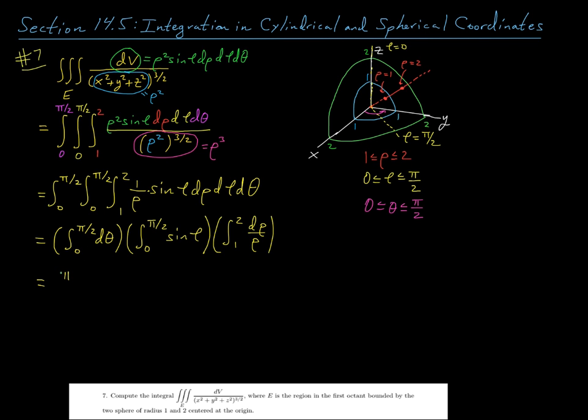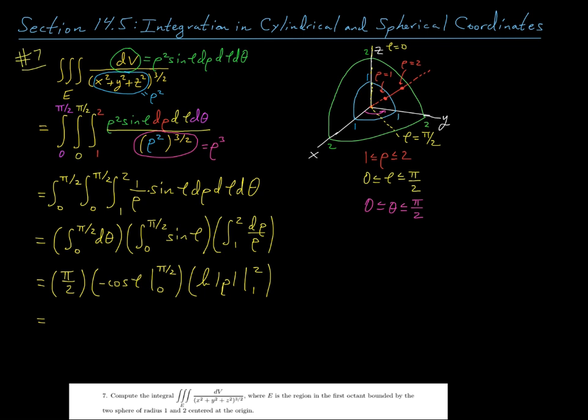Okay, so now what are we going to get? We're going to get pi over 2 from the first integral. This is going to give us minus cos phi, as we let phi go from 0 to pi over 2. And then this is going to be the log of rho, and we're letting rho go from 1 to 2. So plugging in pi over 2 for phi gives us cos of pi over 2, which is 0.